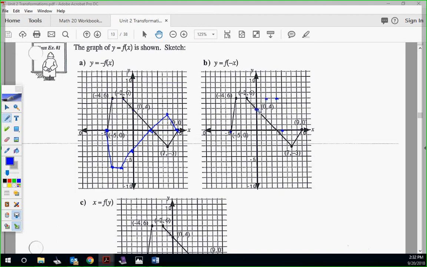That spot's going to stay the same. 7 is going to be negative 7. And I can use this one too. 9 is going to be negative 9. Okay, so it should be like that.